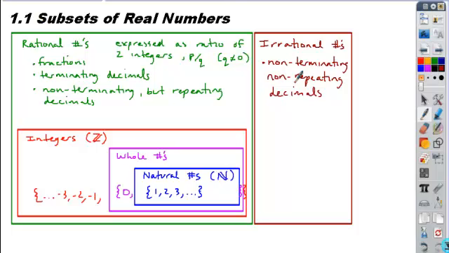The ones that most commonly fall into this category are symbols like pi and e, which are irrational numbers. They're symbols to represent specific irrational numbers. And then radicals that don't simplify, either positive or negative, into one of the integer values.